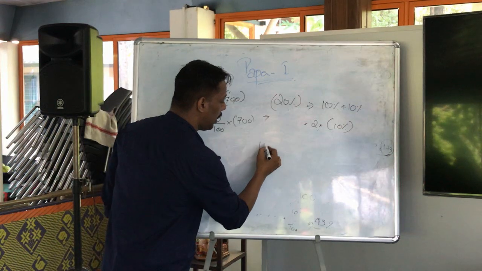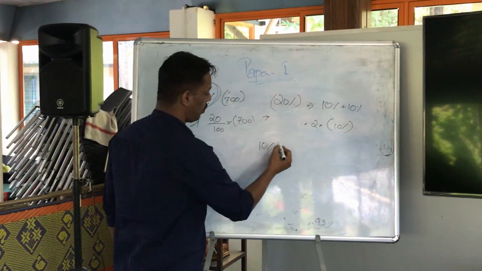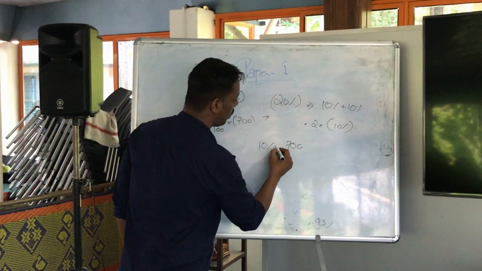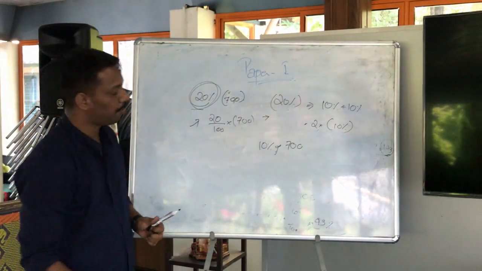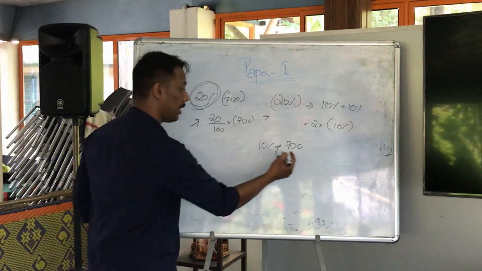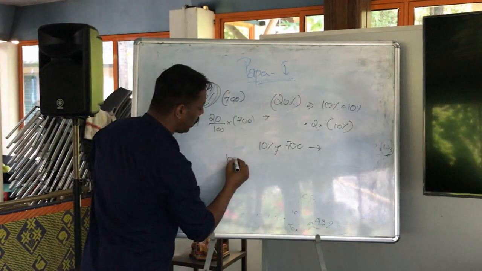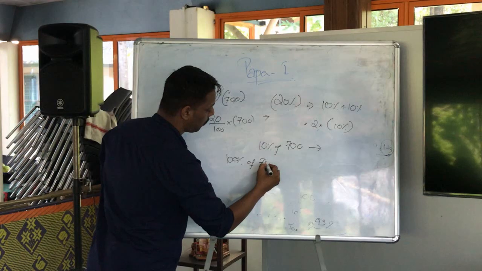What is the 10% of 700? What is 100% of 700?